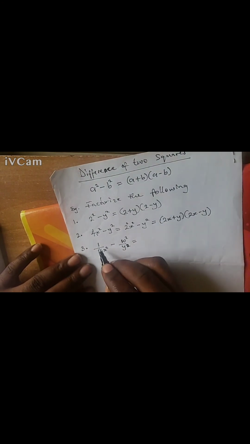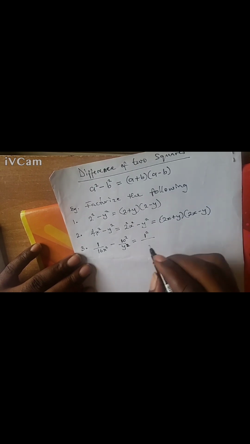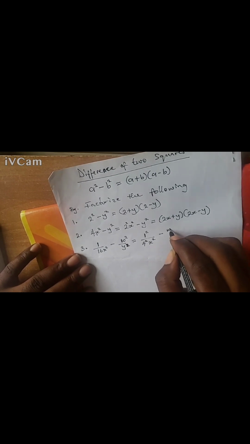I'm just varying the questions so that no matter the kind of question you face, you can be able to solve that problem. 1 is already a perfect square, so 1 squared over 16 is 4 squared and s squared, minus w squared over y squared. So we are done. Open bracket, 1 over 4s plus w over y into 1 over 4s minus w over y.